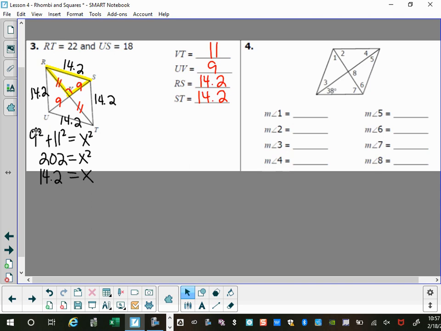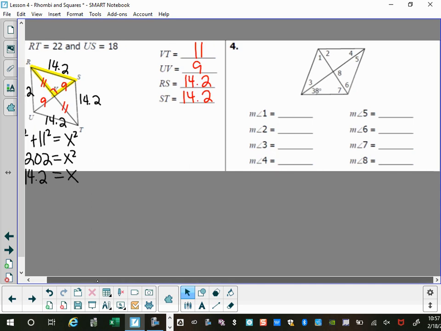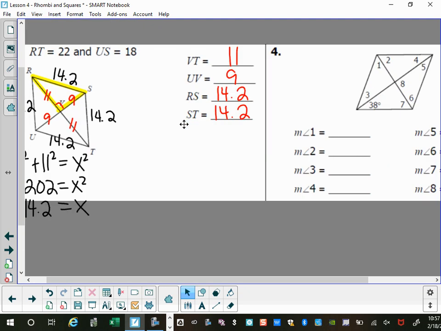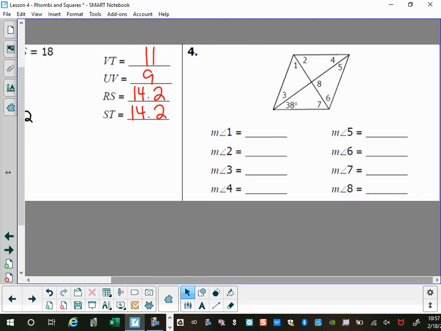All right, let's look at number 4. On number 4, let me zoom in actually. We have angles. I don't have sides. What you need to know about a rhombus is that your angles in each corner are congruent.